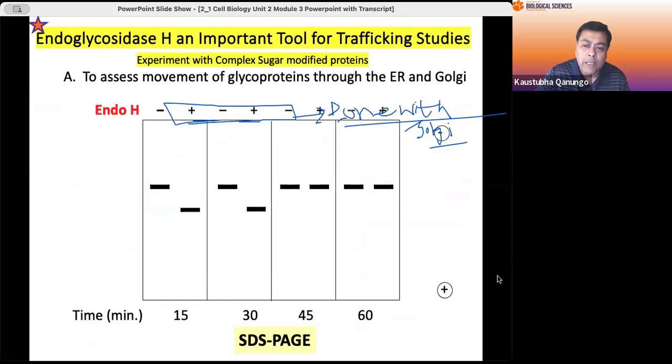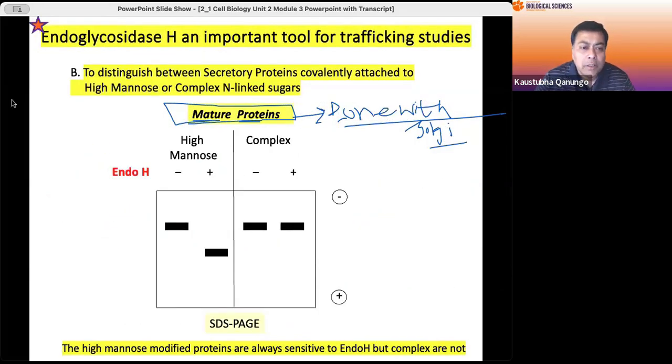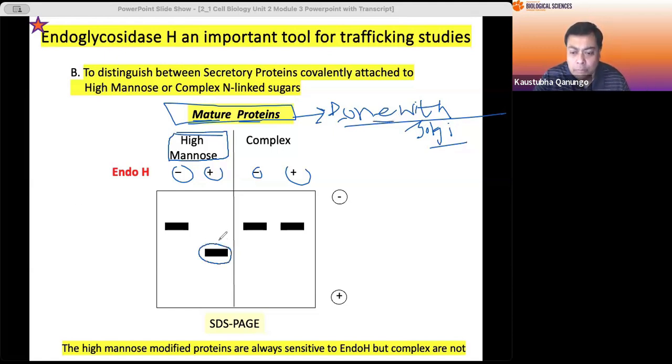Now, you use endo H, and the lanes are without enzyme, with enzyme, without enzyme, with enzyme. When you take the mature high mannose out of the Golgi, you see that the glycosylation is removed. So that's why the molecular weight is less than this protein. So this means this is sensitive to endo H, sensitive.